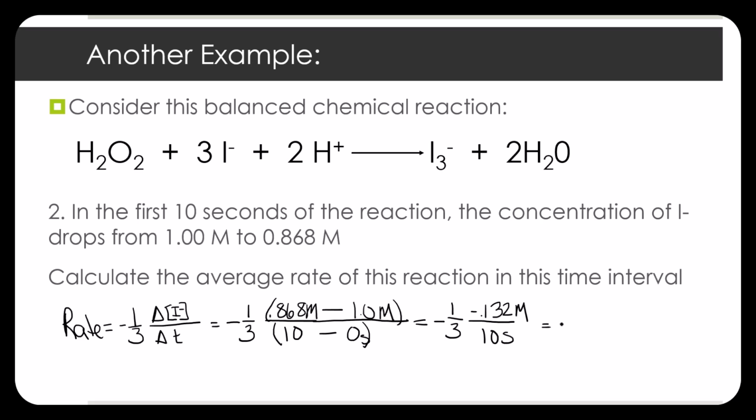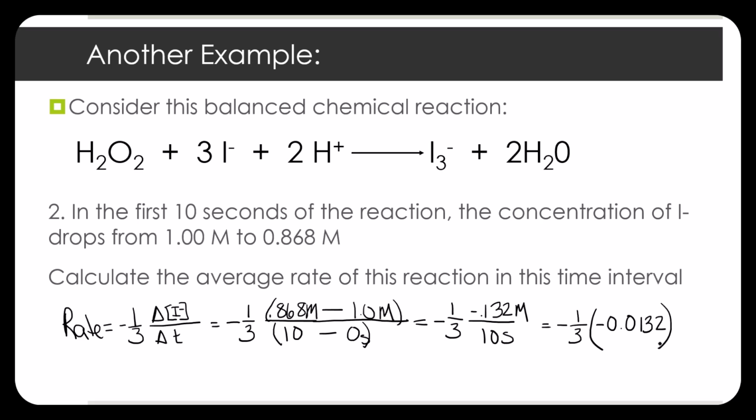And then clean it up one more time. I'm going to divide these two numbers. Negative 0.132 divided by 10, and we get negative 0.0132. I'll come back to units. Now I'm going to multiply these two numbers together.